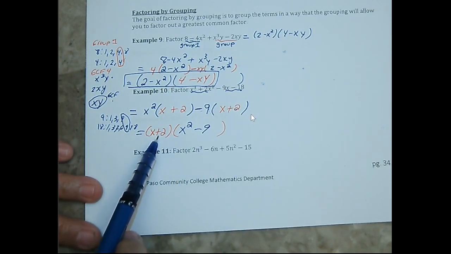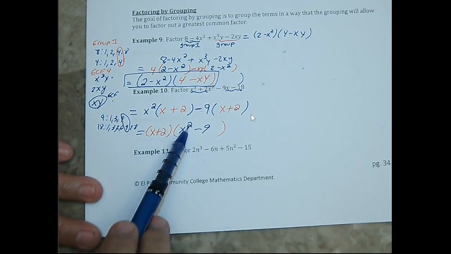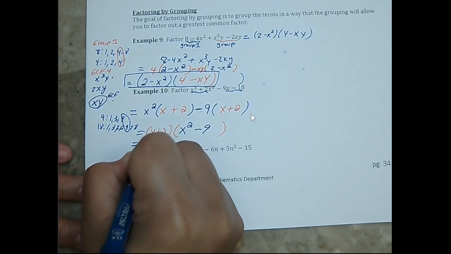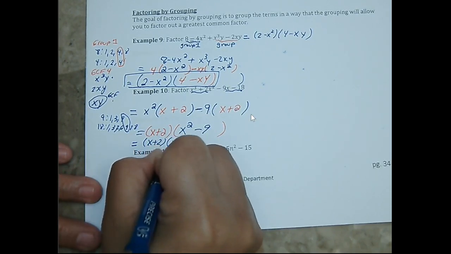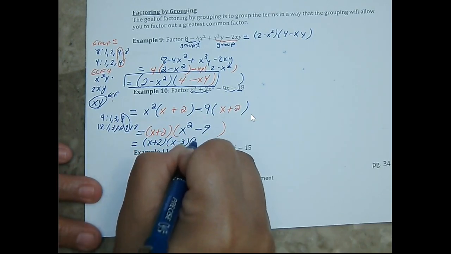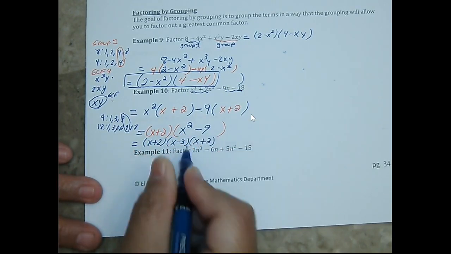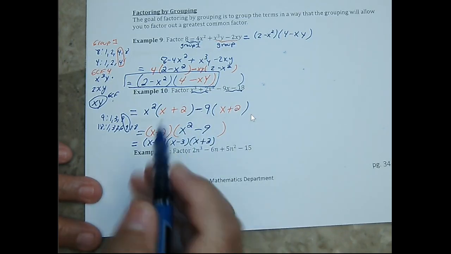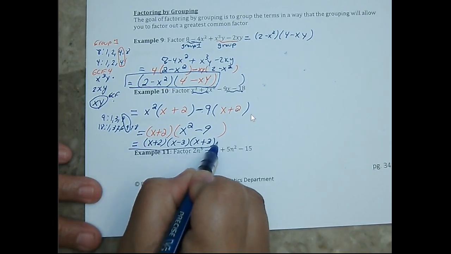So x plus 2 is already factored. However, x squared minus 9 still needs to be factored. We have not learned how to do that yet, but later in this video, we'll come back to showing you how to factor something that looks like x squared minus 9. So this would be our final answer here.